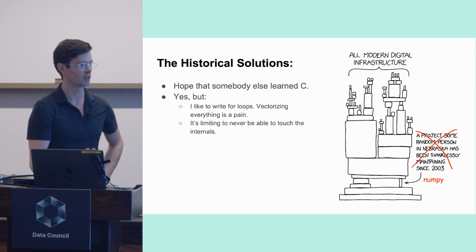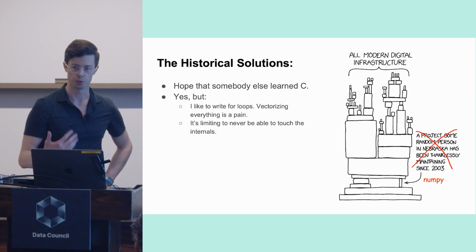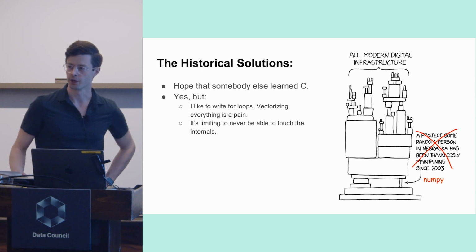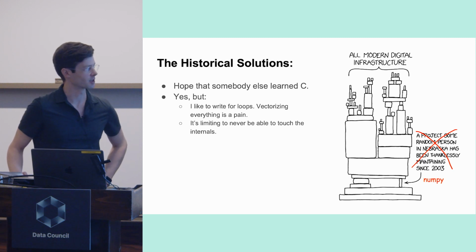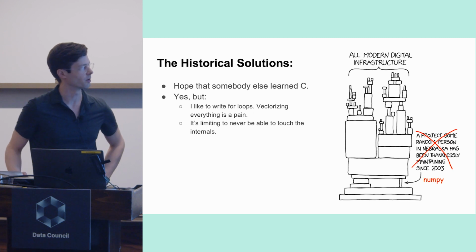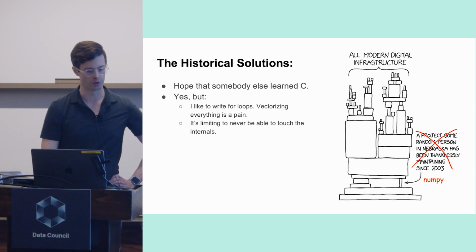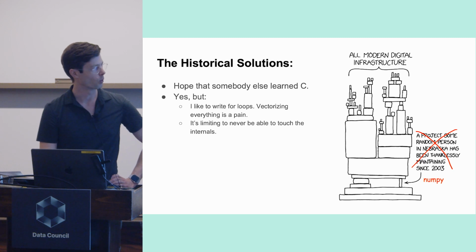I'm never going to peek into the internals and see this inscrutable under-the-hood code. It just doesn't feel very hackable or very open. It's a system that you can't peek into and edit to do other things you might want to. But anyway, I think these have been the two historical solutions, right? It's either you stand on top of existing libraries or you learn some C.